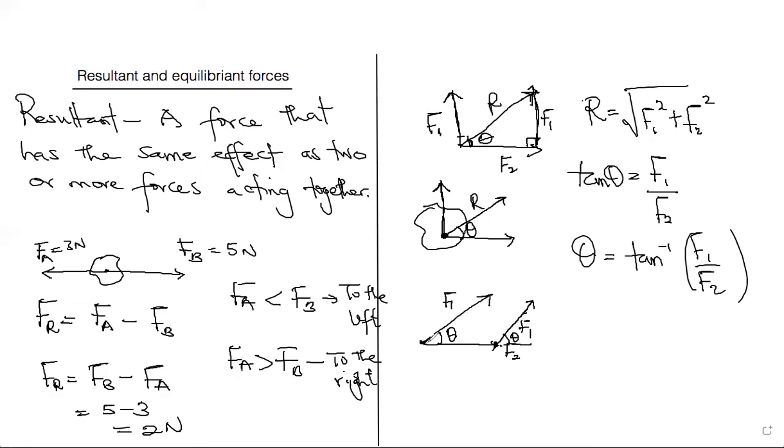So the resultant basically will be this force here, R. So the force that completes that triangle. It is the line that you draw from the starting point of this one to the finishing point here. So that means I have a triangle that looks like this.